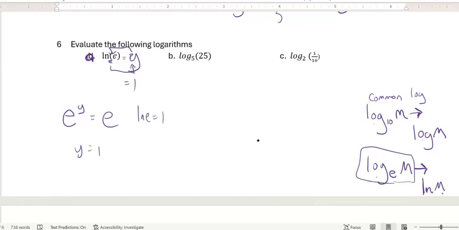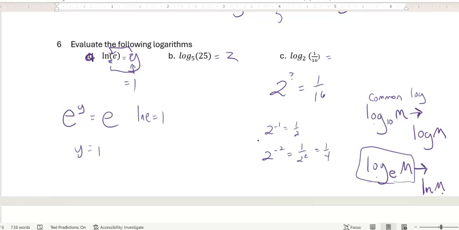How about this? What's the log base 5 of 25? Well, 5 to what power is 25? 5 squared. Ooh, this is a good one. The log base 2 of 1/16. 2 to what power is 1/16? Well, you've got to remember your exponent rules here. It's got to be negative, because 2 to the negative 1 is a half. 2 to the negative 2 is 1 over 2 squared, which is 1/4, and so on.